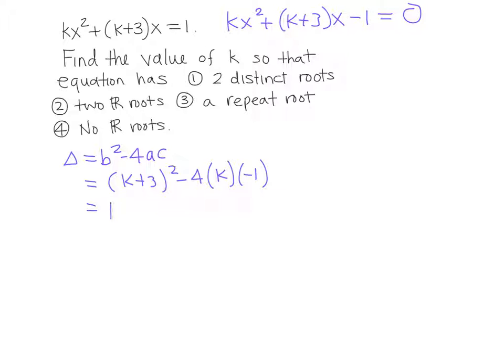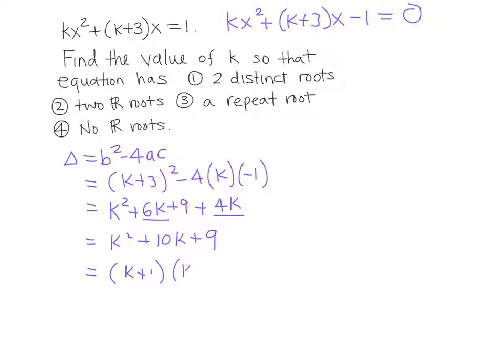Foiling this, we have k squared plus 6k plus 9 minus 4 times k times negative 1, so that's positive 4k. Combine the like terms, we have k squared plus 10k plus 9. This is factorable, so we have (k plus 1)(k plus 9).